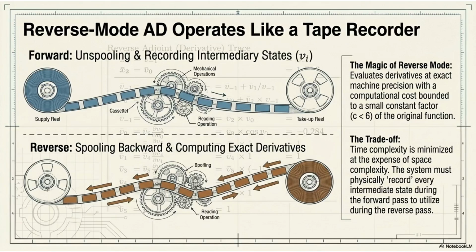The trade-off is space and complexity: we must physically record these states in memory. But the magic happens in the reverse mode. The system spools the tape backward, reading those recorded states to compute derivatives at machine precision, bounding the computational cost to a tiny fraction of the original function.